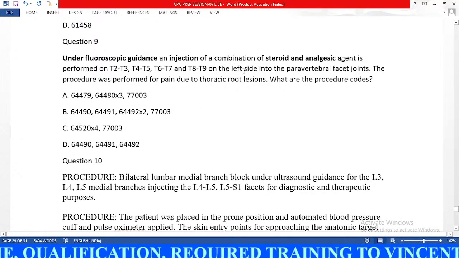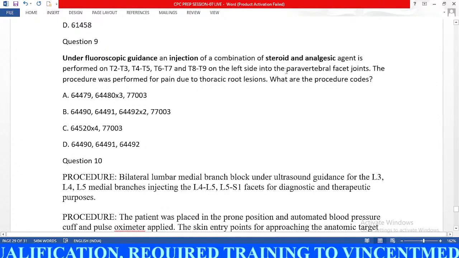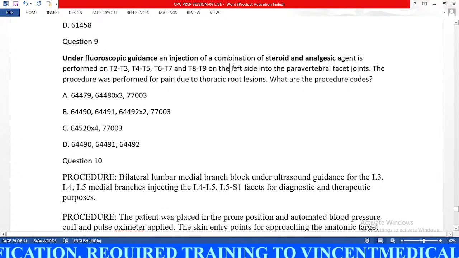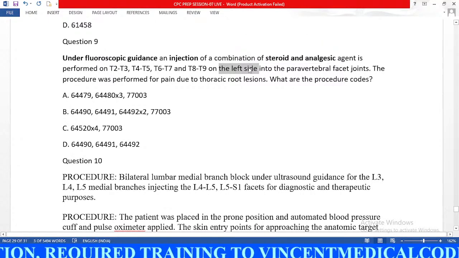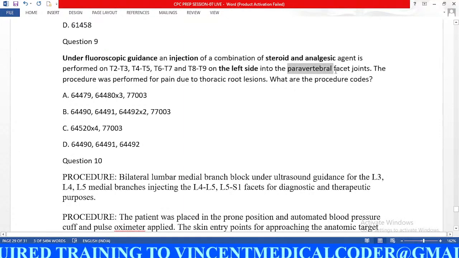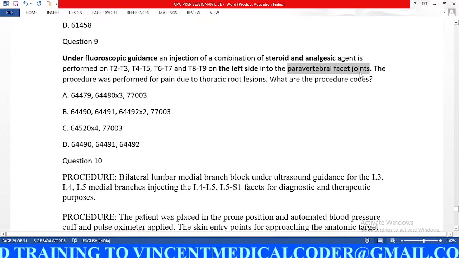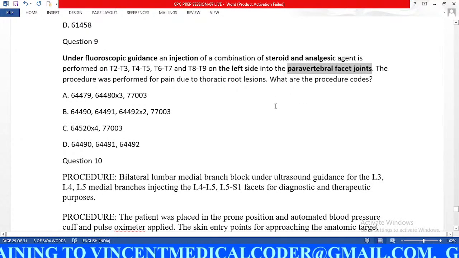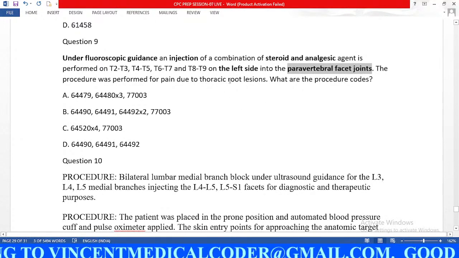Next, on the left side into the paravertebral facet joint. Here laterality is also very important. So left side and paravertebral facet joint. The procedure was performed for pain due to thoracic root lesion.